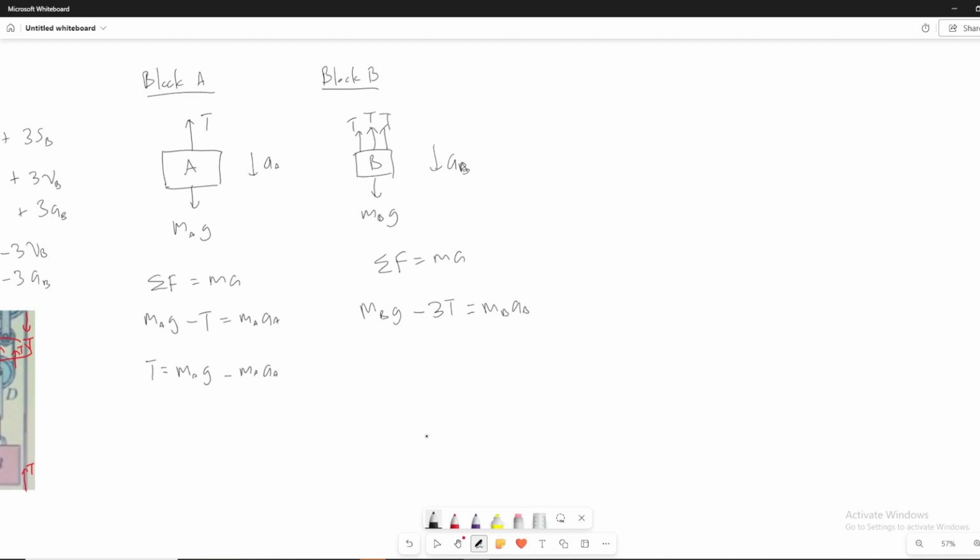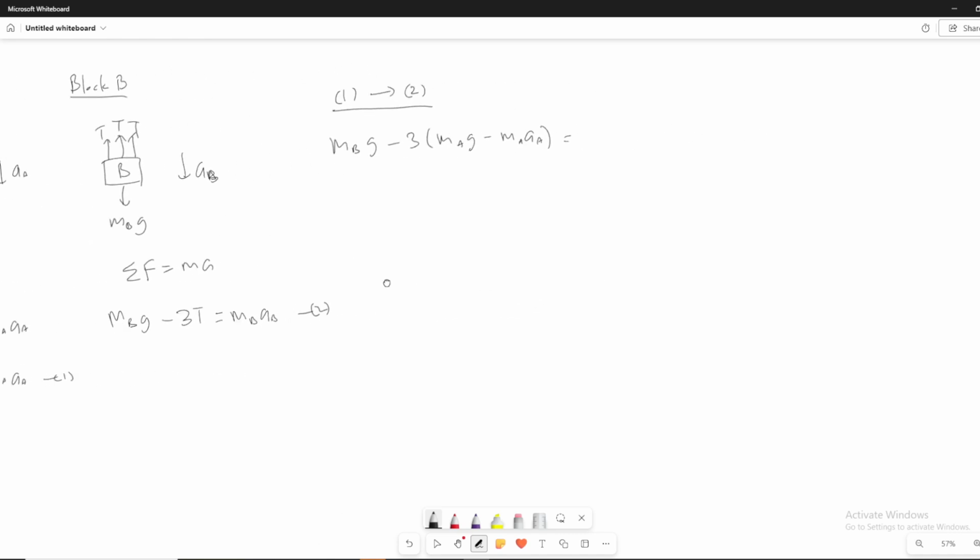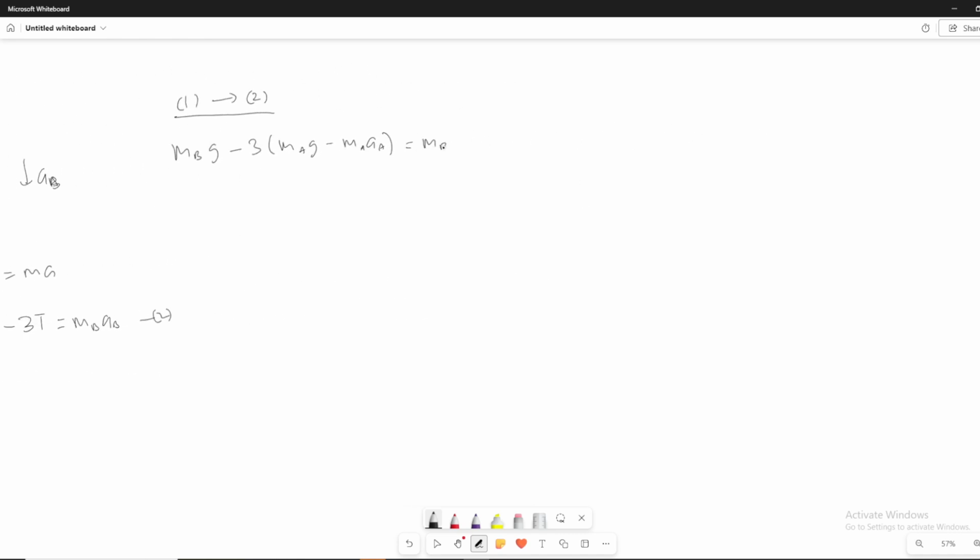Now we have equation 1 and equation 2, and we substitute equation 1 into equation 2, because what we need to find is T. We don't know what T is, so when we do this, we cancel out T. So we get MBG minus 3 times (MAG minus MAAA) equals MBAB.